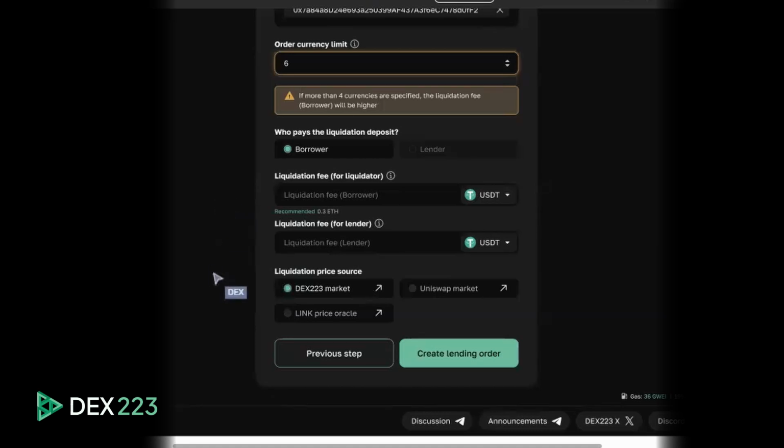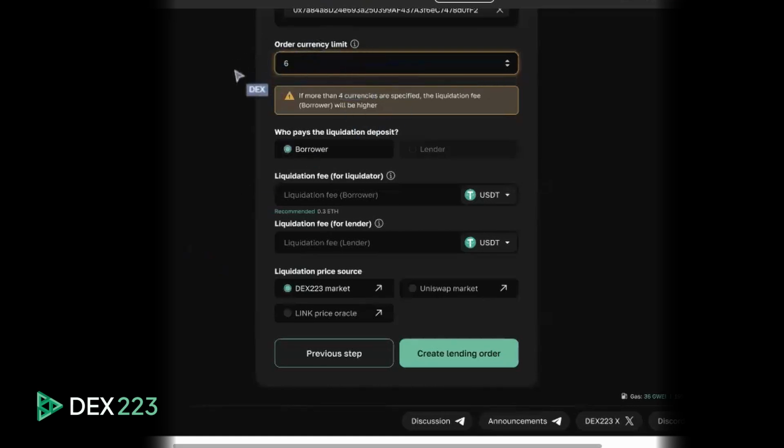As I already said, smart contracts can only read data from other smart contracts, but we can aggregate this data and we can execute liquidations based on the price change on different platforms so that it will solve the problem of market manipulations. And in case there is not enough liquidity in our market, it will prevent the system from being highly manipulative. And there is some sort of order currency limit.